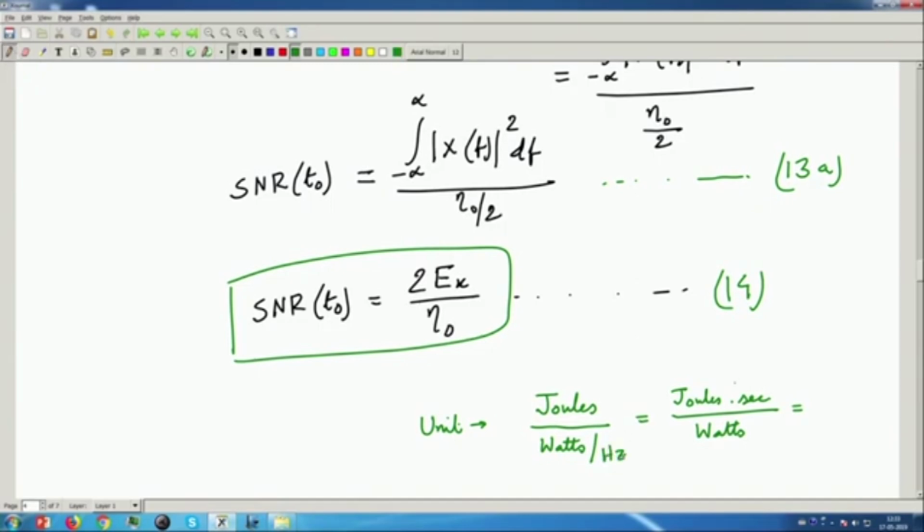So, it will be joules per second by watts. Joules per second is again watts. So, watts by watts, dimensionless. So, the left side is dimensionless, and the right side we also showed to be dimensionless.